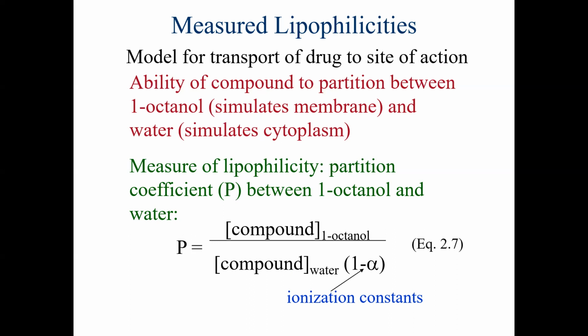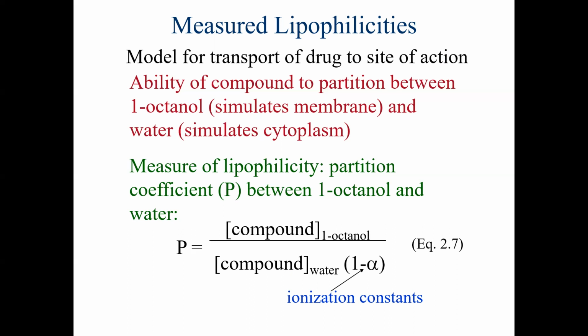Now we can measure this experimentally in the lab. How we do this is we simulate a biological membrane by using an organic solvent known as 1-octanol, which simulates the membrane. It is a highly fatty type of organic solvent. Even if you get it onto your hands, you struggle to wash it off with water, and you will feel a fatty layer forming on your hands.